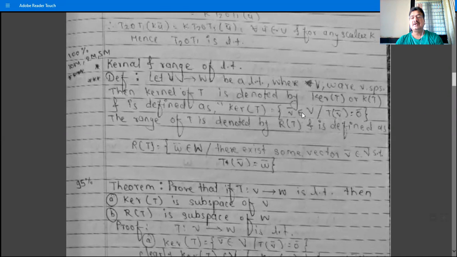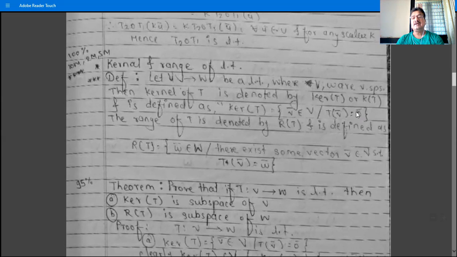Obviously, this kernel of T contains the zero vector, that is 0 bar, because T of 0 bar is 0 bar for any vector space V. We know this property of linear transformations: if T of 0 bar is not equal to 0 bar, then T is not a linear transformation.